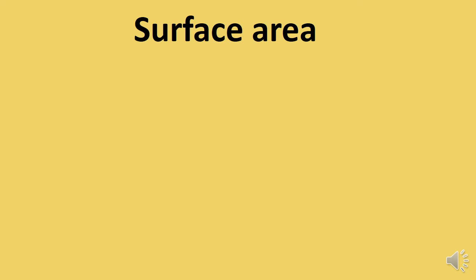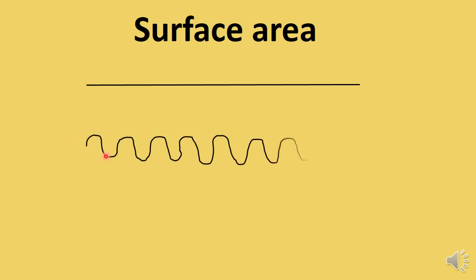What do we mean by surface area? So let's try and imagine anything, a line. So this line, maybe it's 10 centimeters long. But if I broaden this line and make it into folds, and also 10 centimeters long, if you can see, it's not 10, it's actually further than 10.